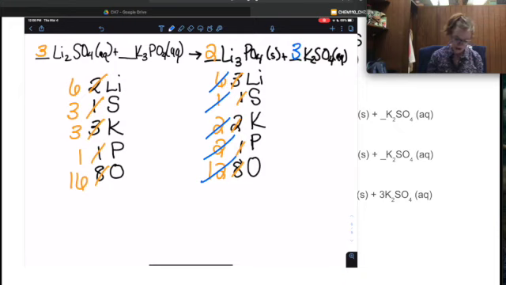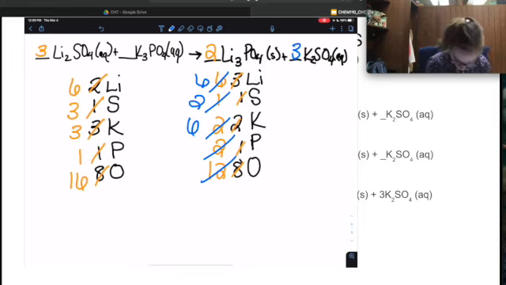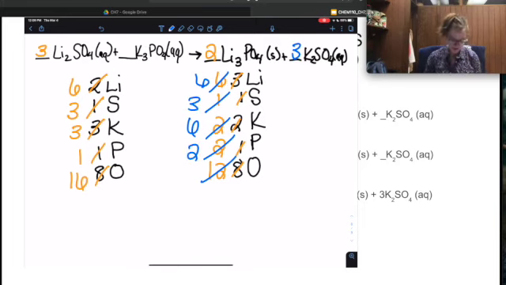So it looks like I have 6 lithium, I have 2 phosphorus, I have a certain number of oxygens, we'll come back. Looks like I now have 6 potassium, and I now have, that's my bad. I just did that in a different order. It should be 2 phosphorus, and then I have 3 sulfur. My bad, guys. 2 phosphorus, 3 sulfur.